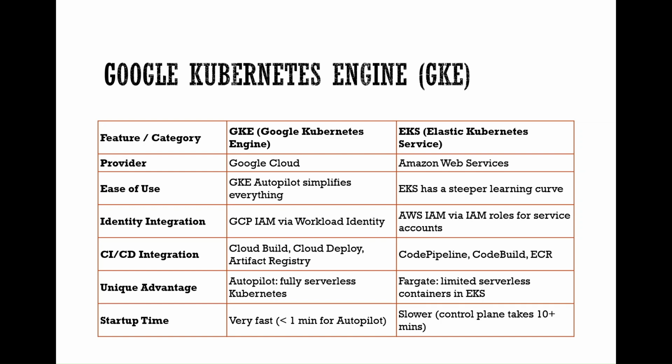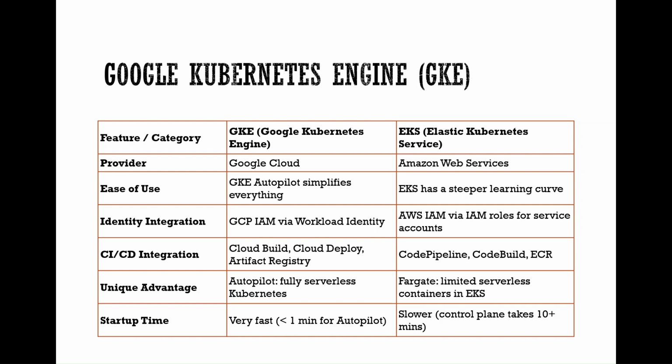Now, when it comes to integration, GCP IAM is integrated via Workload Identity, and AWS IAM via IAM roles for service accounts. That's something important to secure your GKE. So both have their own services used to provide IAM features.